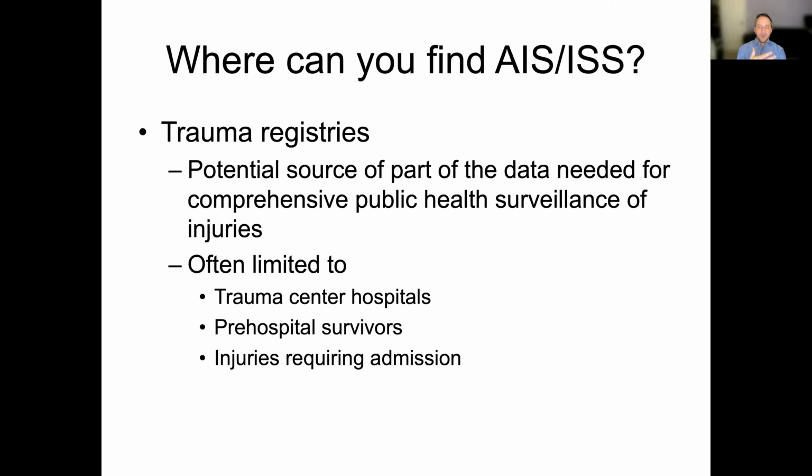And the highest level, or the type of trauma center that can care for the broadest and most severely injured patients, is a level 1 trauma center. Rhode Island Hospital is a level 1 trauma center, and Hasbro Children's Hospital is a level 1 trauma center. So by virtue of being a trauma center, these trauma registries collect, as part of their information of patients who are in the trauma database, abbreviated injury scale score and injury severity score.